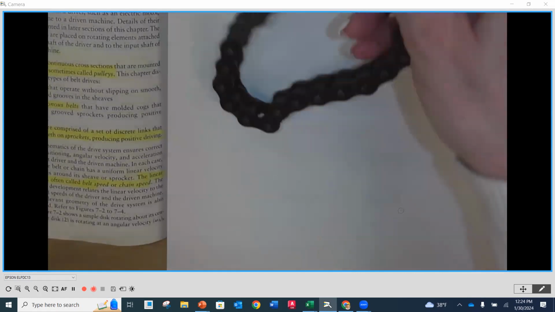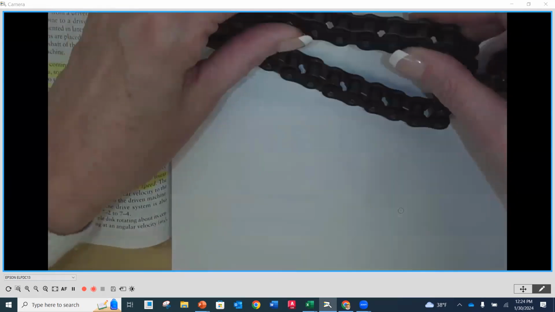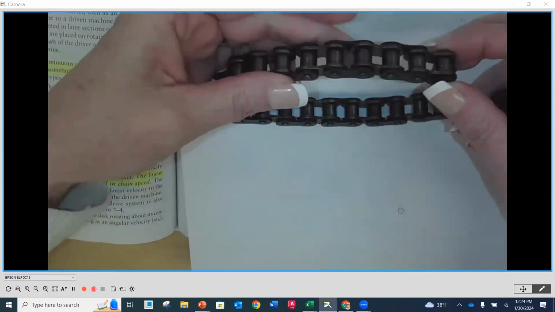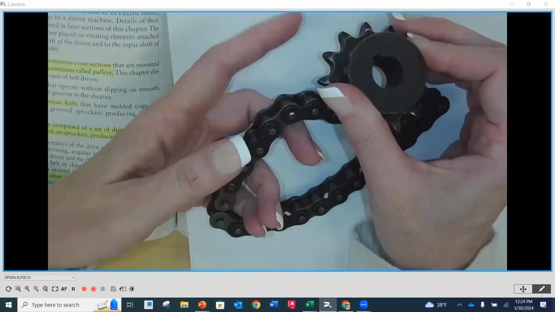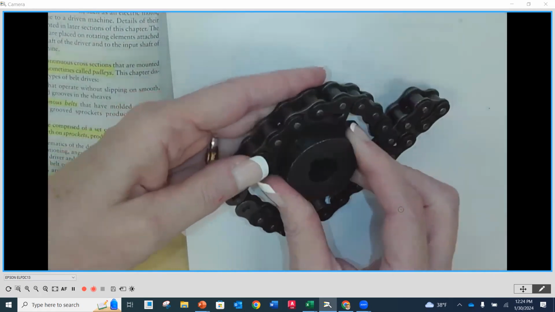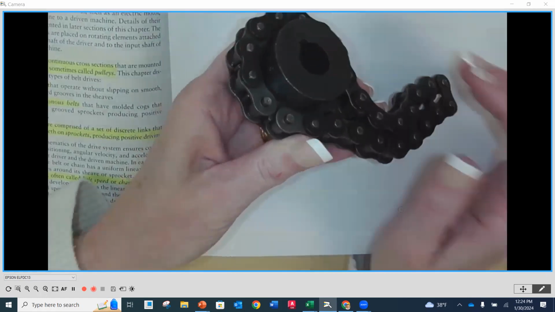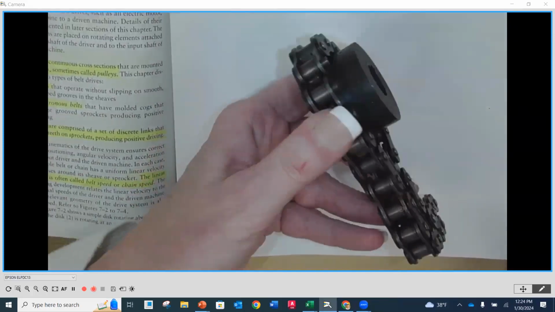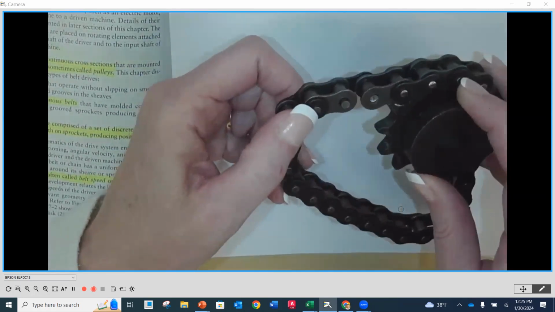So this is a chain, and I'm pretty certain everybody has seen and experienced what chain looks like, but my chain is going to be sized so that it fits over the teeth of a sprocket. So the sprocket and the chain go together. They have to be the right size teeth to fit up in the middle of each one of those spaces that are provided between the rollers on the chain.